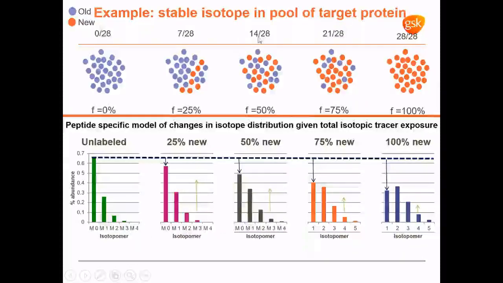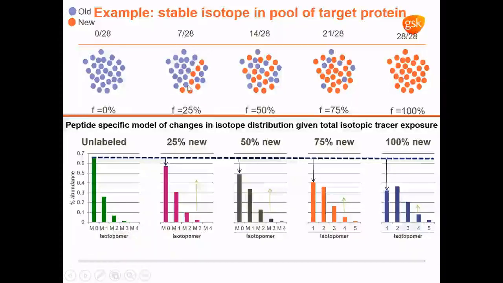And so just as a simple demonstration of what we're looking at: if we have protein at some time 0, we have all unlabeled protein. When we sample from that pool of protein and look at the isotopic profile of a proteotypic peptide, we get a distribution of normalized intensities of M0, M1, M2, and so on.